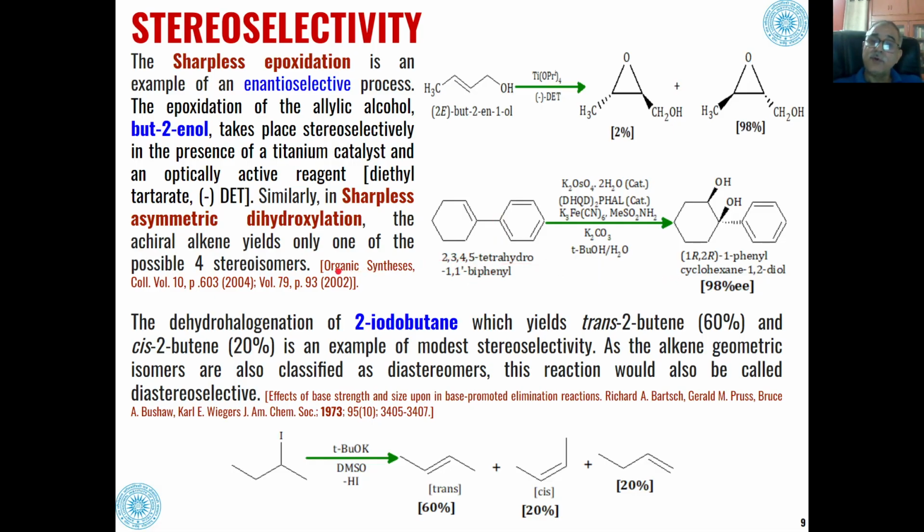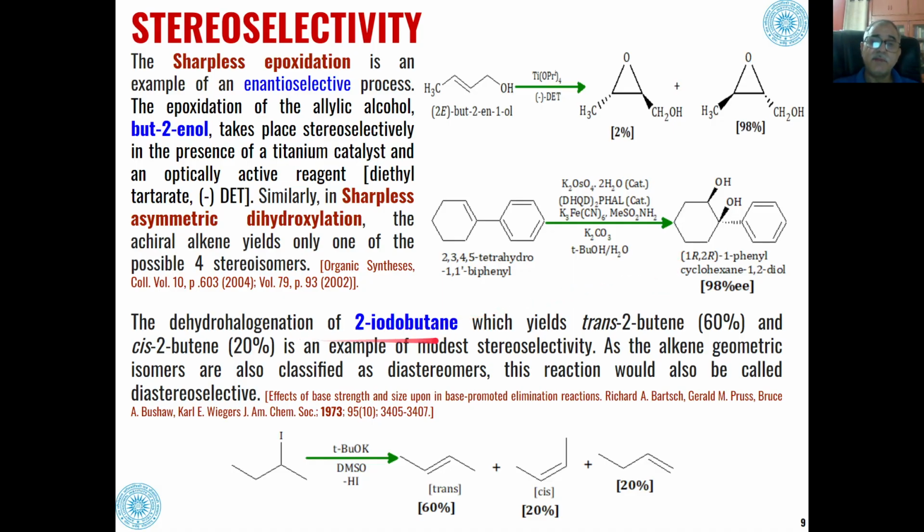Out of these four stereoisomers, it has been found that only one stereoisomer is formed with 98% enantiomeric excess, and again this is an example of stereoselectivity.